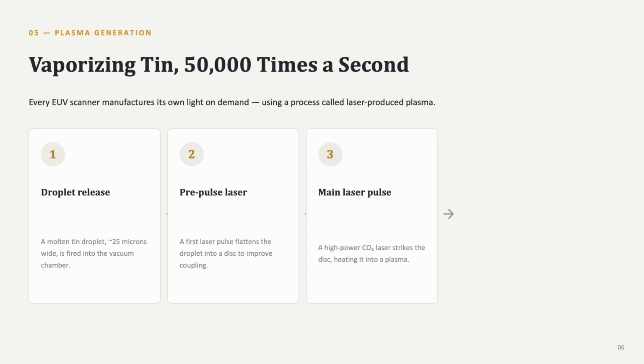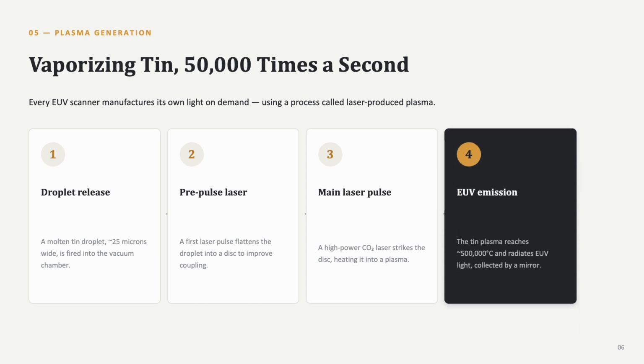Then a high-power CO2 laser strikes the disc, heating it into a plasma. That tin plasma reaches a temperature at which it radiates EUV light. Each droplet is struck around 20,000 to 50,000 times per second to sustain a continuous source of usable EUV light.